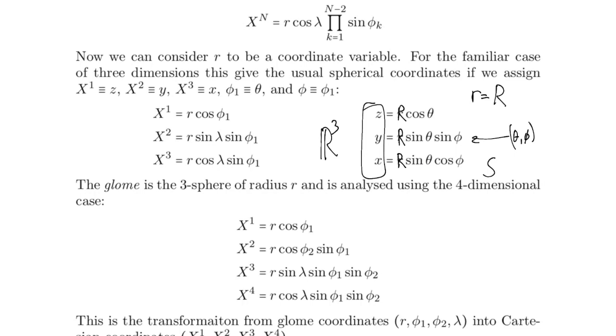So the glome is a three-sphere, and it has the same kind of coordinate transformation, and that's what these are down here. Now we end up adding an angle variable, very similar to theta. Theta and phi are not the same. They're very different, because theta has a range from 0 to pi, whereas phi has a range from 0 to 2 pi.